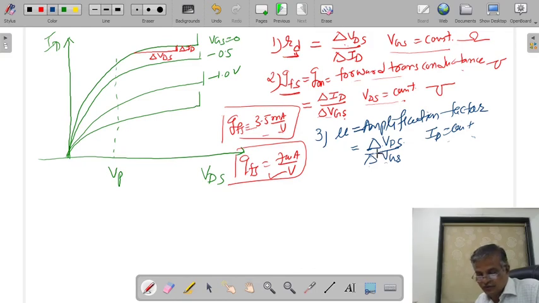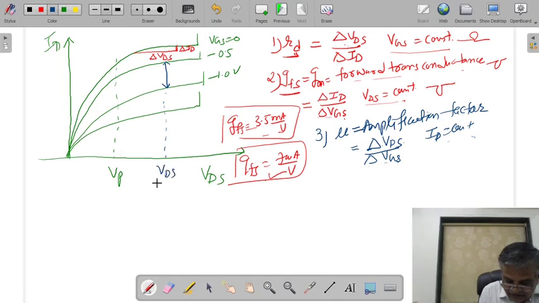It tells how much amplified signal you will get at the output. Let me come to this point. How can you find this? I want to find out GFS. If you want to find GFS, I have to take VDS constant.